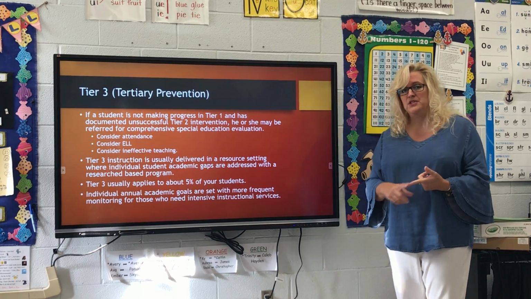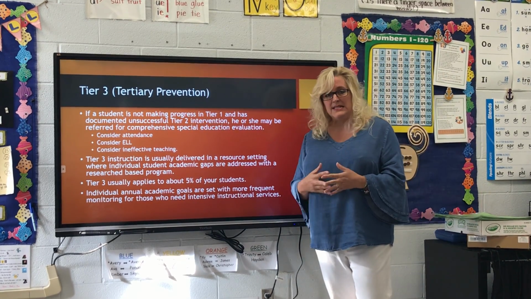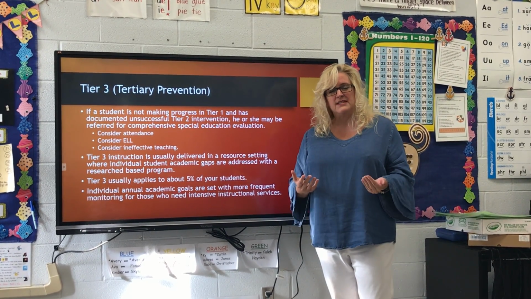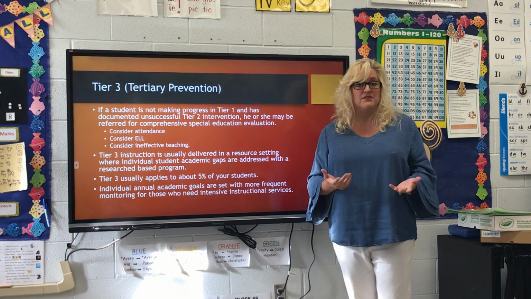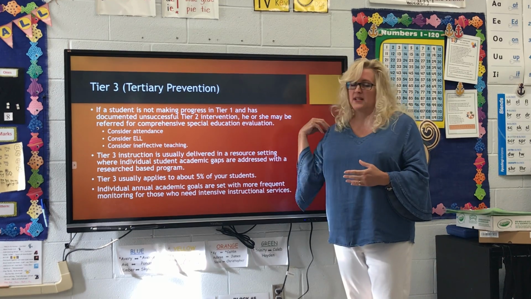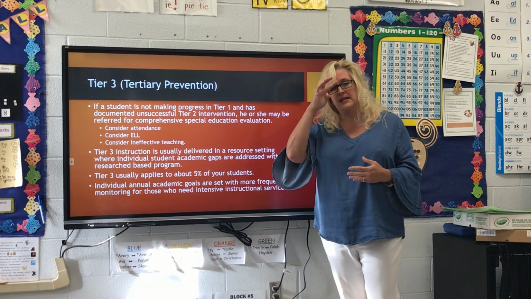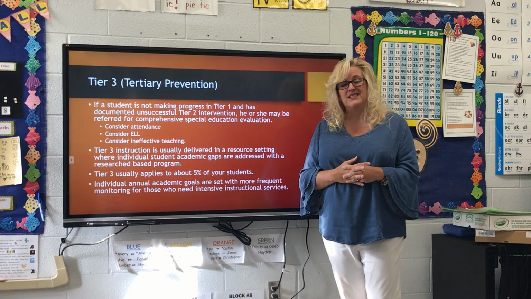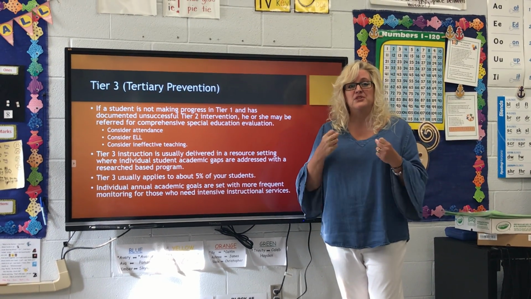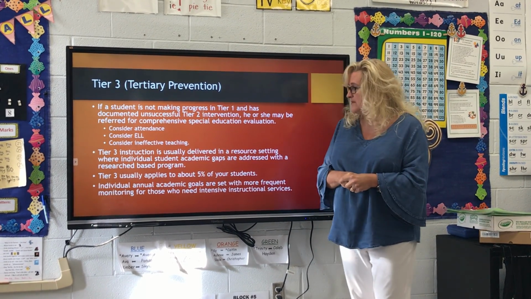Before you do that, you do want to make sure that you have considered attendance. You want to make sure that it's not the reason that the child has not mastered the skills because they've just not been here. You also want to consider ELL to make sure it's not a language barrier. And then you also want to make sure that it's not ineffective teaching. You want to make sure that your Core 1 is solid.